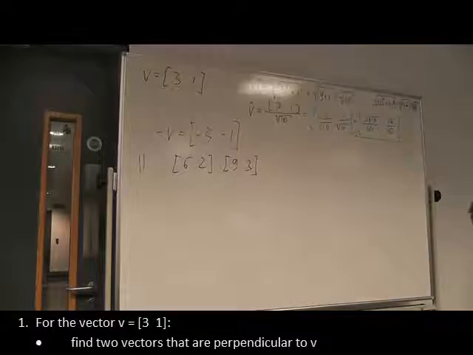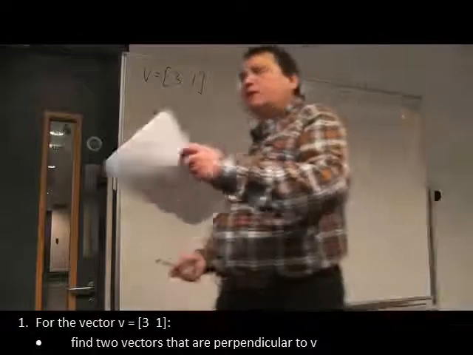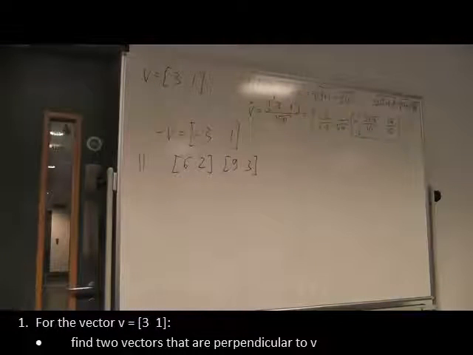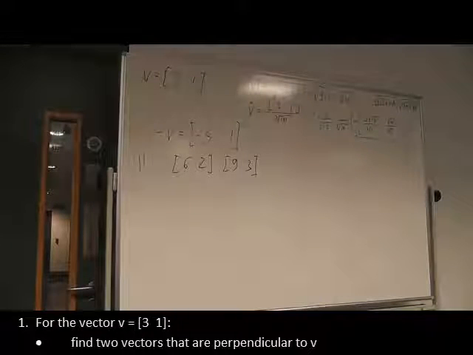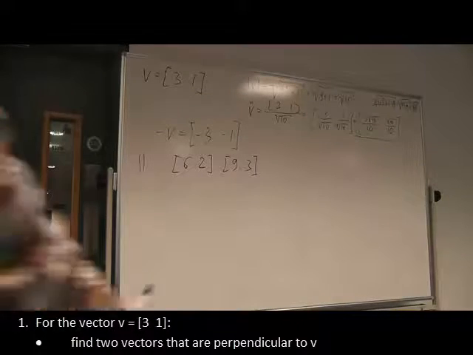And if I'm moving on, find 2 vectors that are perpendicular to v. Anyone got it? Perpendicular? That's a nice trick. I've been talking about it in the lecture, but there might be a question like this in the test as well, so we have to go through this.